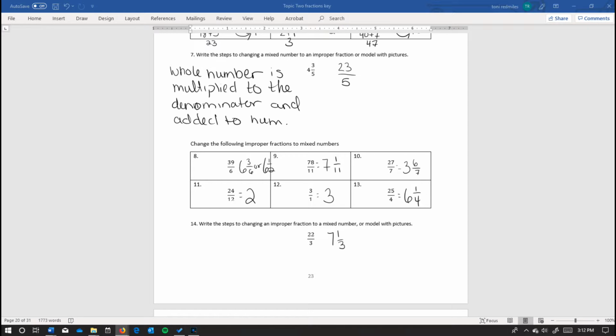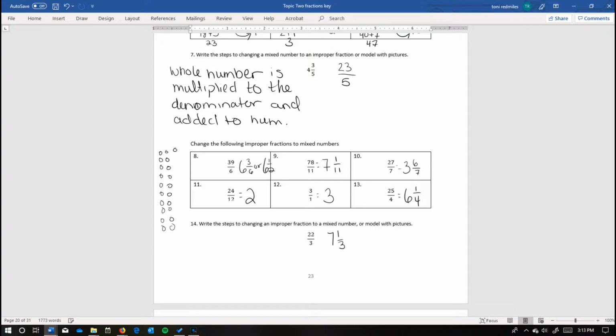So in this one, ooh, this is going to be a hard one to model, but I'm going to model. I have 39 Skittles. 1, 2, 3, 4, 5, 6, 7, 8, 9, 10. 1, 2, 3, 4, 5, 6, 7, 8, 9, 10. And I need some more. I need all the way to 39.